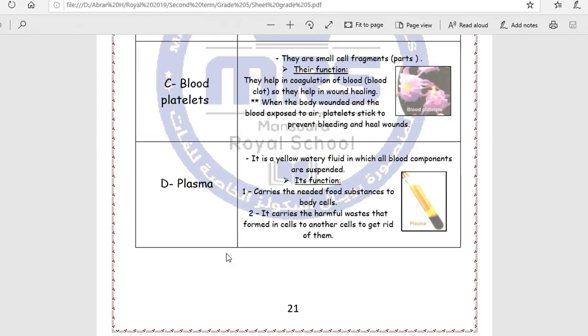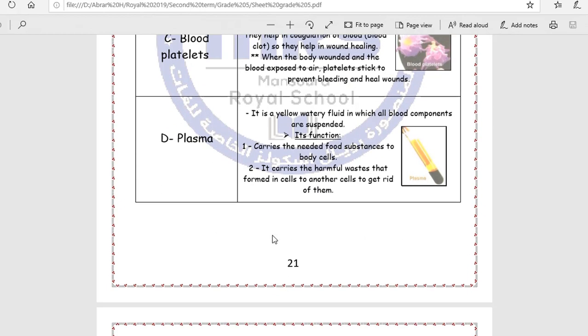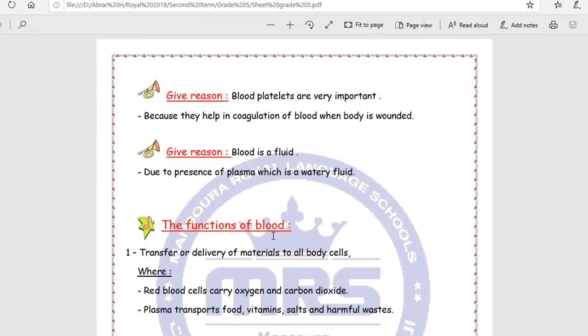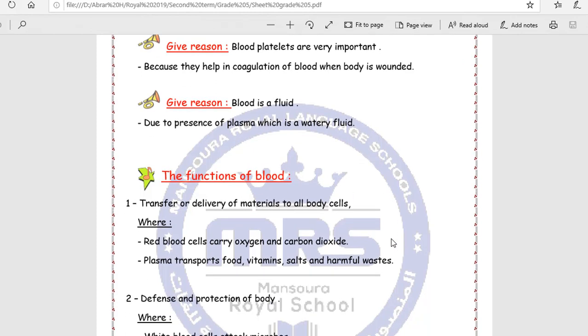So if I asked you generally what the functions of the blood are, you would tell me that the functions of the blood are two functions. The first one is transfer or delivery of materials to all the body cells, as the red blood cells carry oxygen and carbon dioxide, and the plasma transports food, vitamins, salts, and harmful wastes.